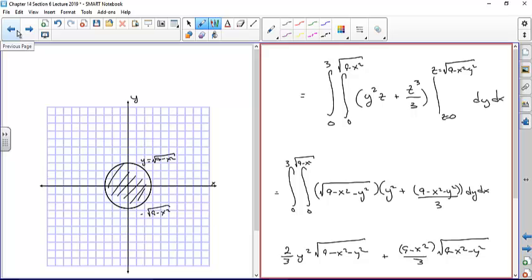Now, the point here is that it's very difficult. Even with these 0 limits, if you take the original function y squared plus z squared and you integrate with respect to z, you're going to get y squared z plus z cubed over 3, and then you plug in z equal to the square root of 9 minus x squared minus y squared into here, and if you cube that, you're going to get this to the 3/2 power, or you can factor out the square root.